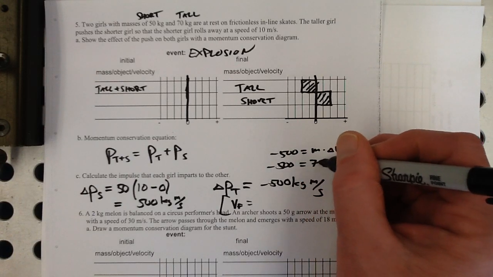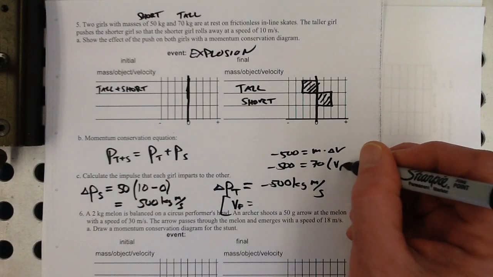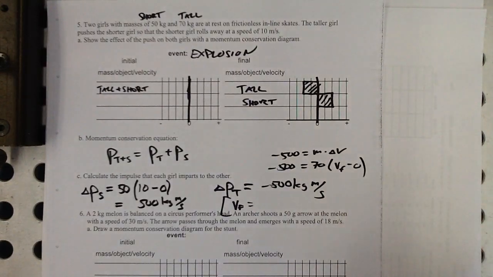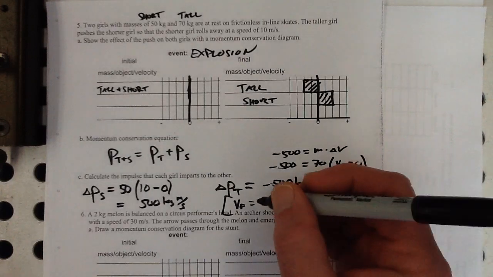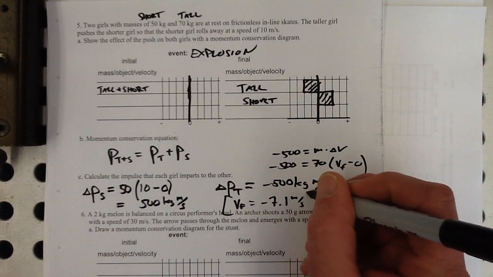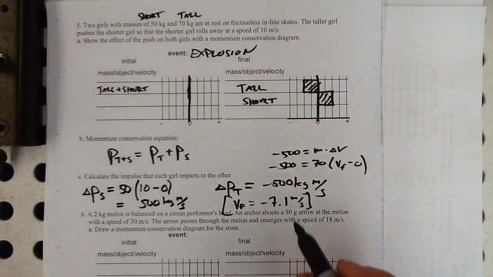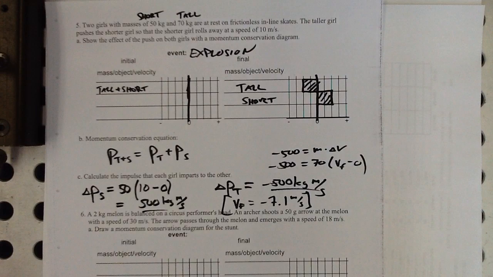Her mass is 70, and her initial velocity was 0, so her final velocity must be negative 7.1 meters per second or so. So I didn't ask you for that, just asked you for those.